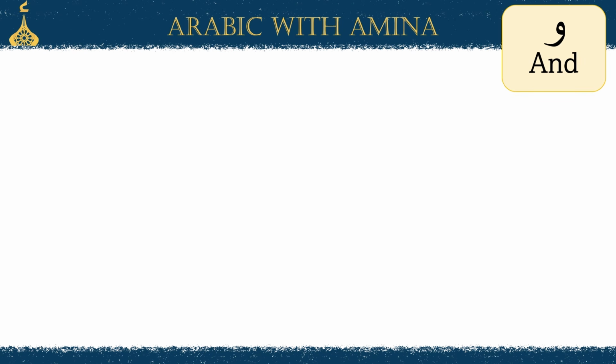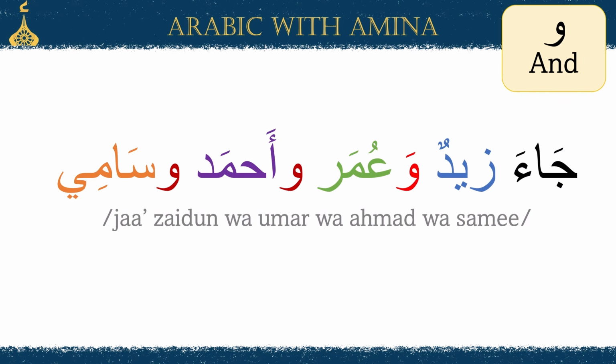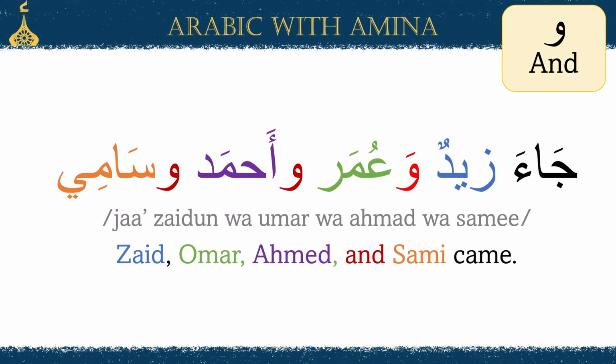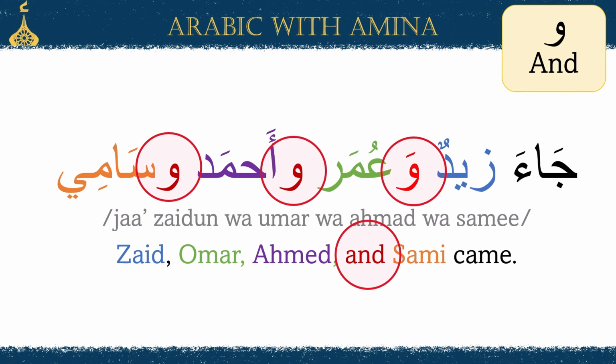Another example is جاء زيد وعمر وأحمد وسامي. Zaid, Umar, Ahmad, and Sami came. Notice how Arabic repeats the word wa or and, unlike English, where we only have one and in the entire sentence.